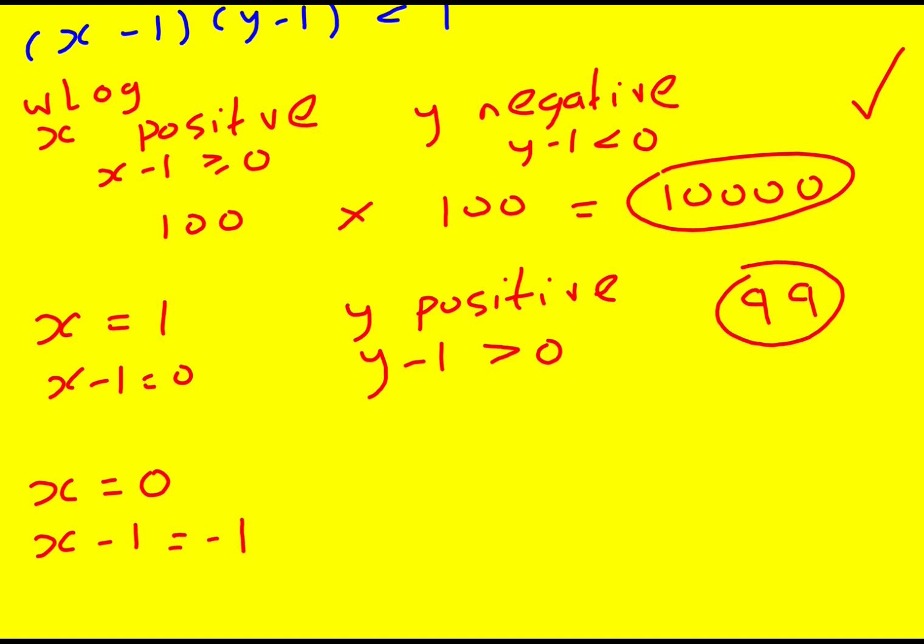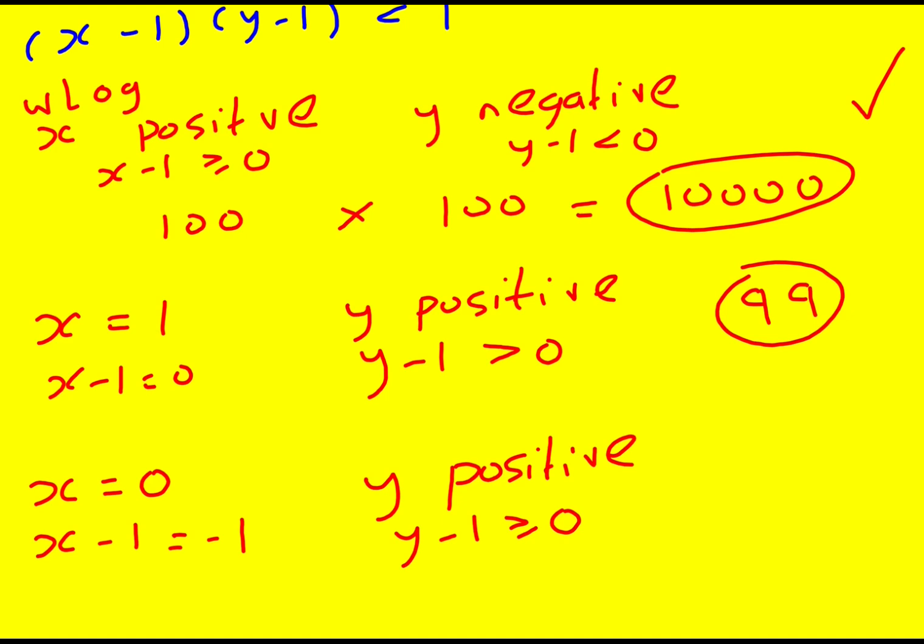I know it's going to be negative, but specifically it's going to be minus 1. Although the negative bit is the most important. So then if I go with y being positive, y minus 1 is going to be greater or equal to 0, and this will again give us an answer that is less than 1 overall.